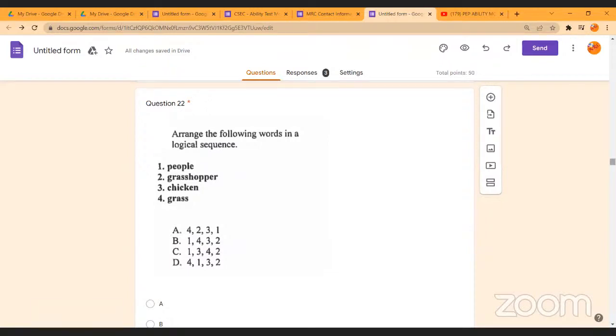Grass. Miss, my answer will be C. Miss, why C? Explain to me why you selected C.